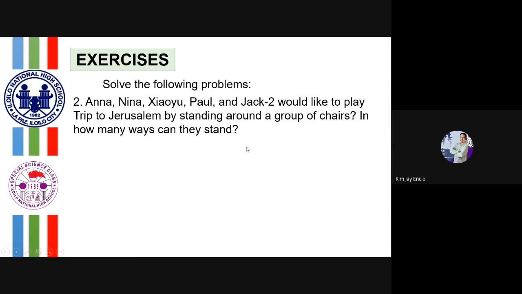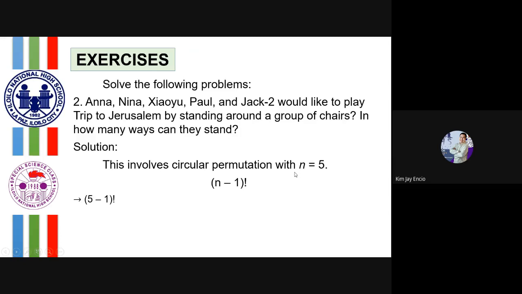And when the music stops, they have to sit. But anyway, there are 1, 2, 3, 4, 5 people. So this is a circular permutation that involves n equals 5. And so that's 5 minus 1 quantity factorial, or 4 factorial. And this simplifies to 24.